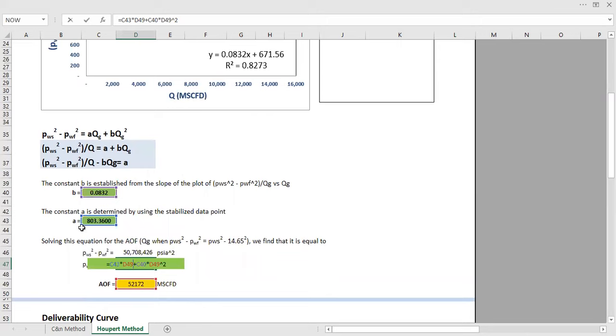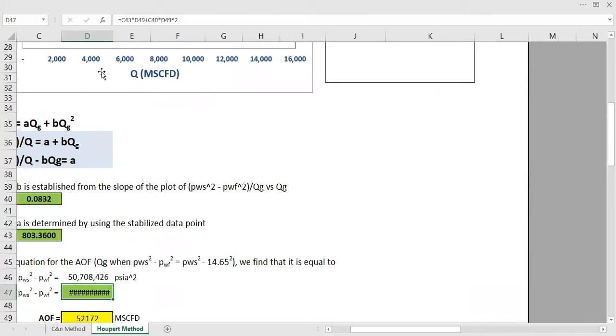C43, so it's the A, multiplied by the flow rate, but the flow rate will be the absolute open flow. So D49, this one, the absolute open flow, plus B, and B is this one, 0.0832 multiplied by AOF squared. And the value is this one.